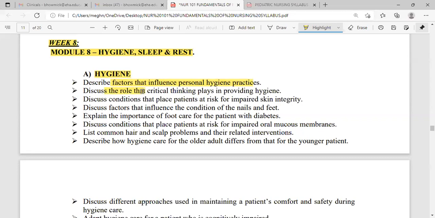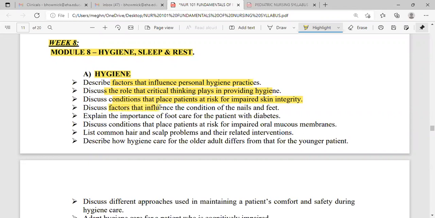The role that critical thinking plays in providing hygiene, and conditions that place patients at risk for impaired skin integrity. So this is actually a keyword. You have to know the information related to this keyword. And this keyword is important for the NCLEX board exam.